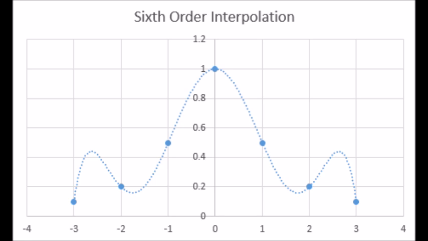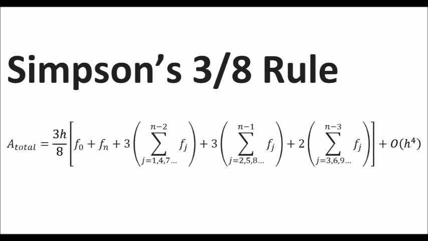Consequently, the resulting integral of such a polynomial would not give a very good estimate for the area beneath the curve. For that reason, Simpson's rule is usually a good stopping point if you want to numerically integrate a set of evenly spaced data.